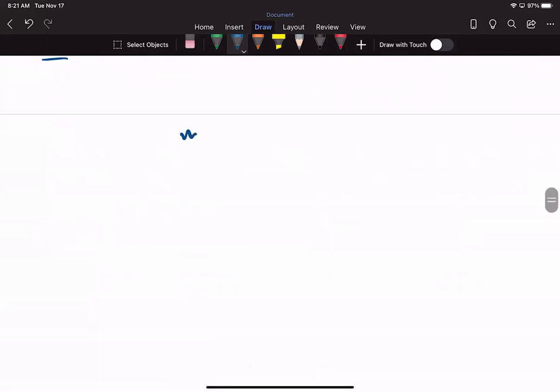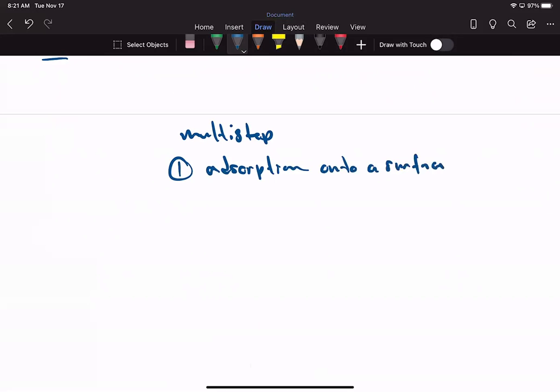For multi-step, there's phases that we go through, right? There's what we call an adsorption. So there's adsorption onto a surface, because again, we're in different phases here. The second step is the activation of the adsorbed reactant.